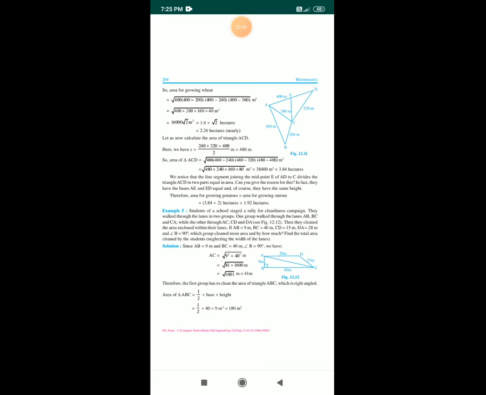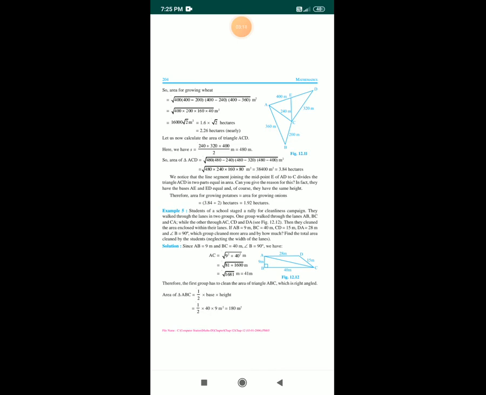So the square root of 400 multiplied by 200 multiplied by 160 multiplied by 40 meter square, and we get 16,000 into root 2 meter square. That means 1.6 into root 2 hectares, which is approximately 2.26 hectares.